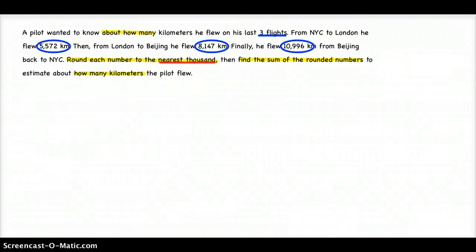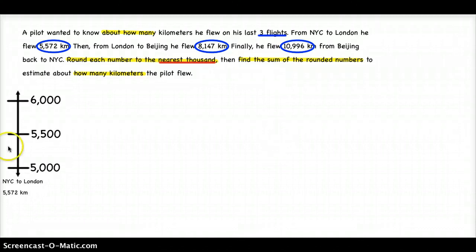Well, let's take a look. It says he flew 3 flights, so I need to make sure that I'm rounding 1, 2, 3 different distances. For the first flight, from New York City to London, using my vertical number line, I place 5,000, 6,000, and the midway point of 5,500.